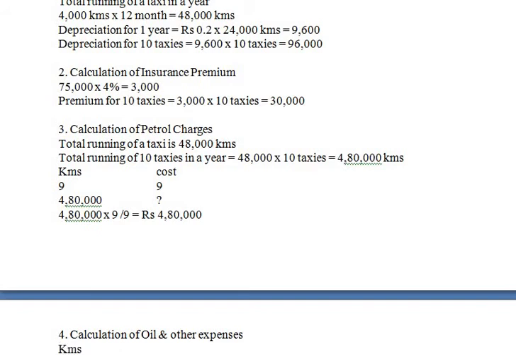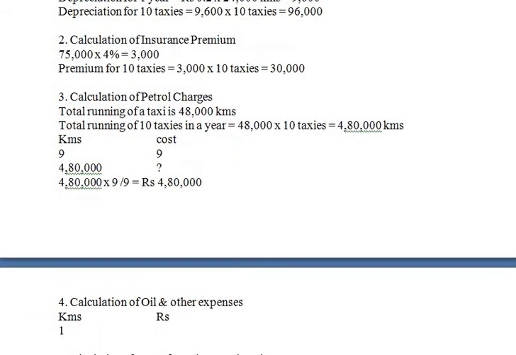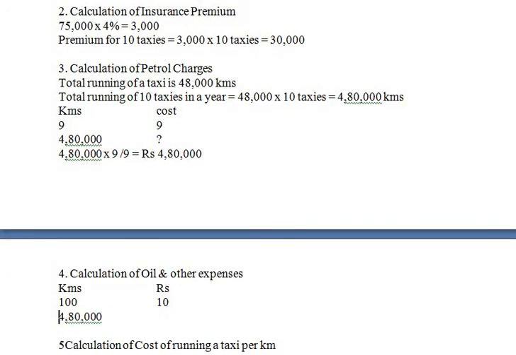Here kilometers and rupees. For 100 kilometers expense incurred is rupees 10, which is given in the problem. Now 10 taxis have run for 4,80,000 kilometers. Then how much will be the cost?